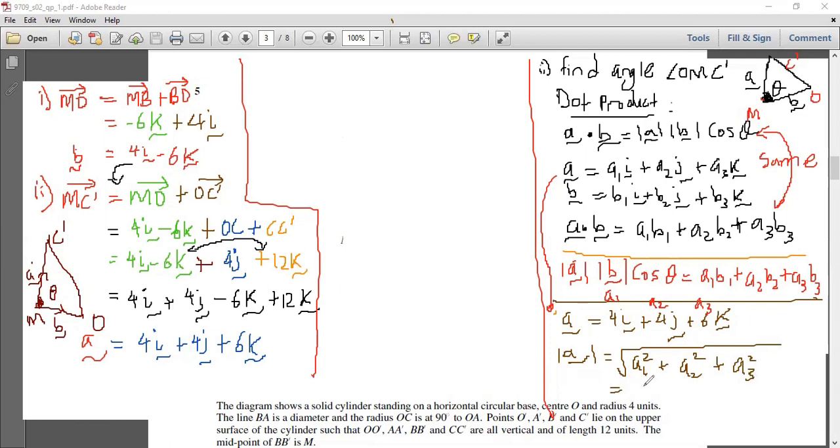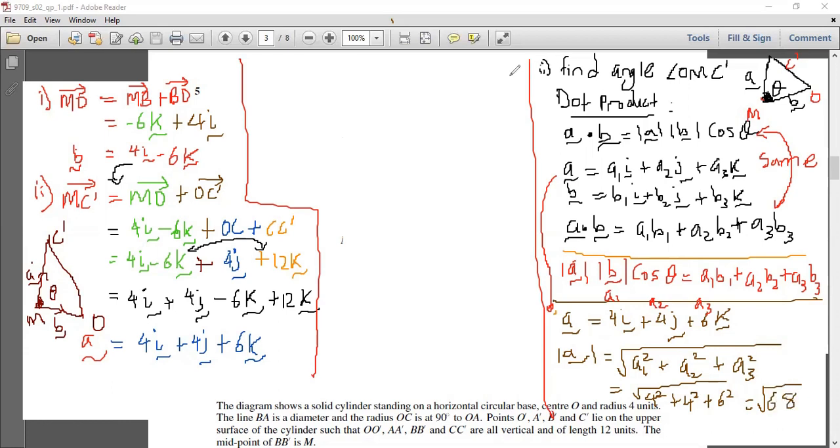The units being 1, so then it just reduces to this. So the numbers are therefore the square root of 4 squared plus 4 squared plus 6 squared. Okay, let's calculate that, please. So 4 squared, 4 squared and 6 squared add up to 68. So just leave it like that, it's okay.